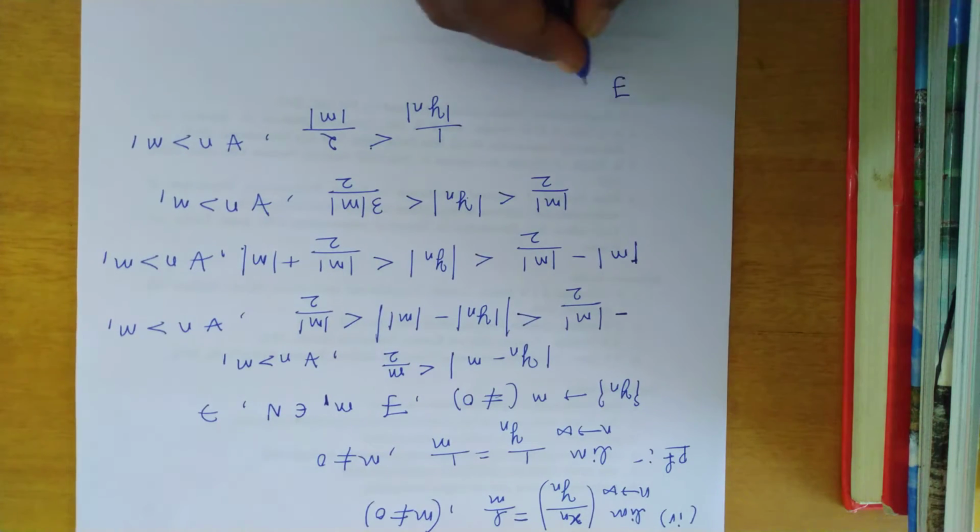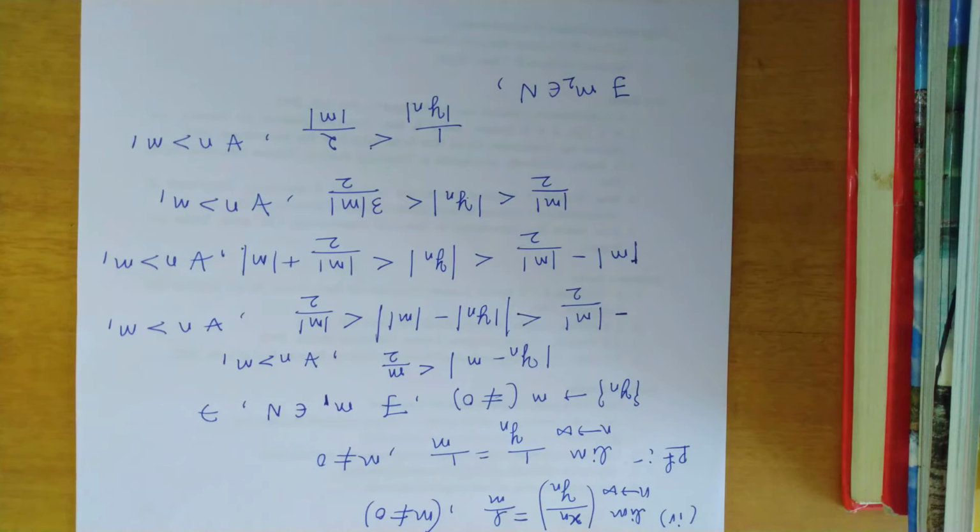Now let there exist m2 belonging to N, such that modulus of yn minus m is less than m square epsilon by 2.